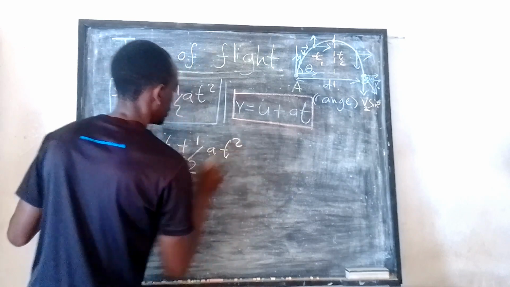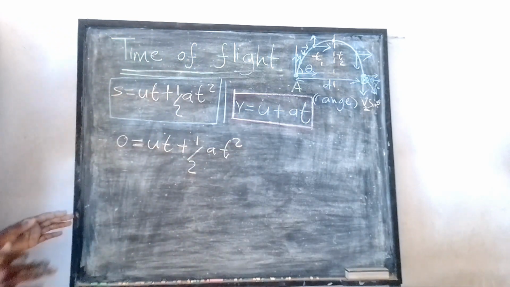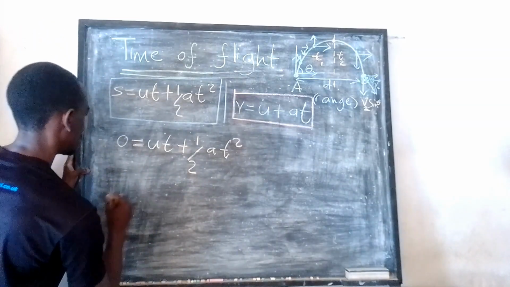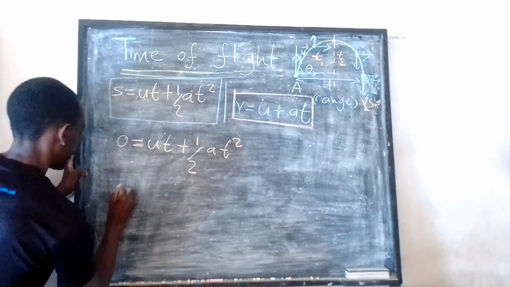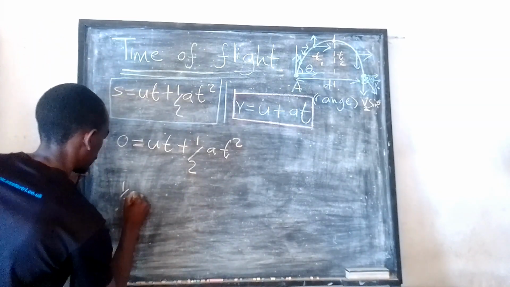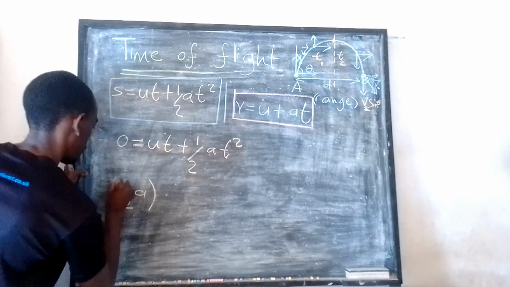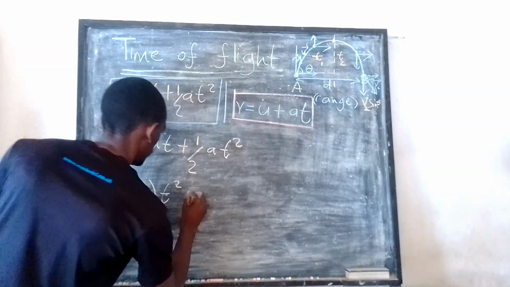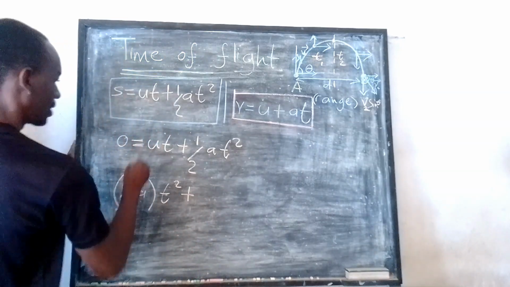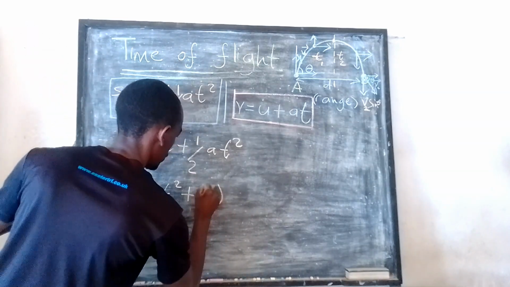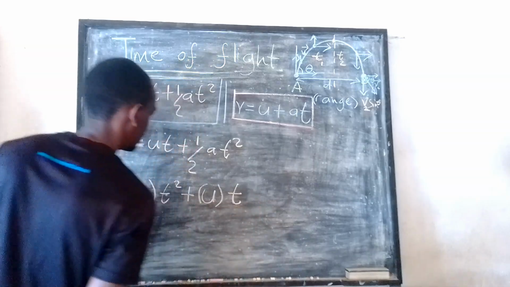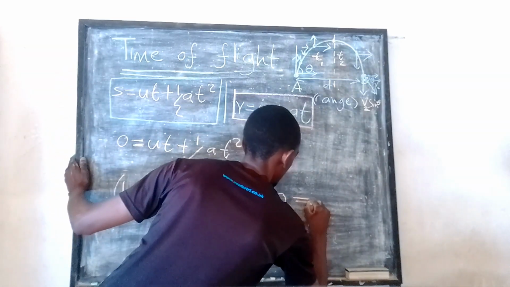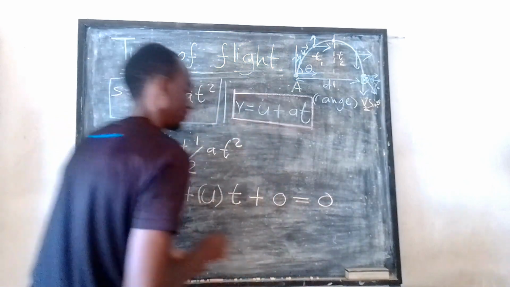a t squared. Now, if you look closely, what we have in this scenario is more of this: half a t squared plus u t plus 0 is equal to 0.